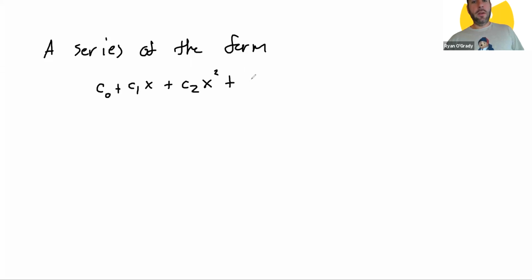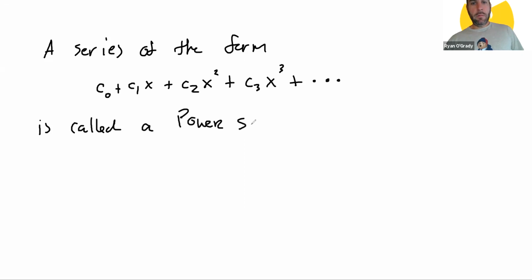I know this looks scary. Plus c sub 3 times x cubed. And this pattern continues. This is called a power series. And if you want to be specific, we can call it centered at 0.